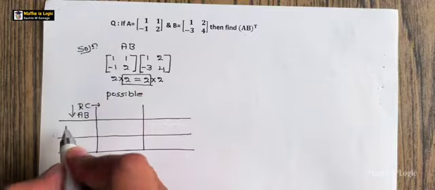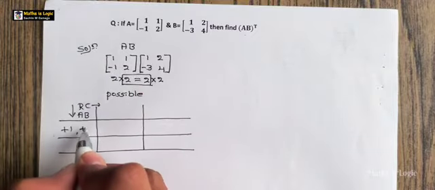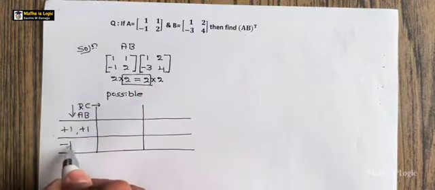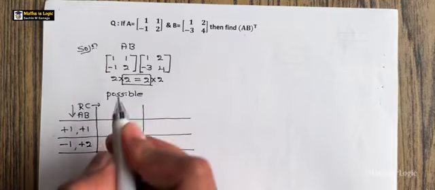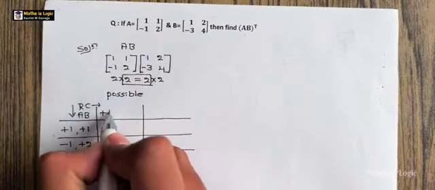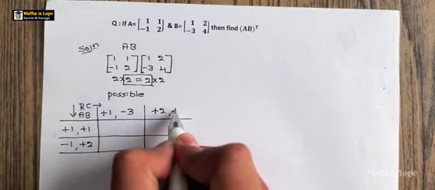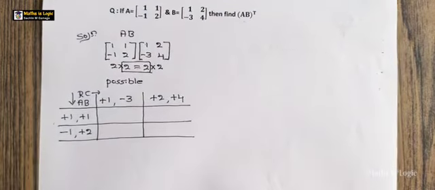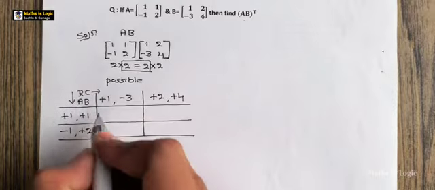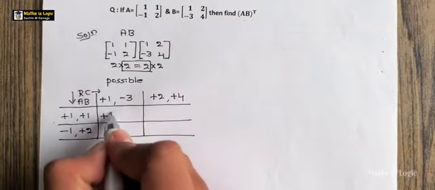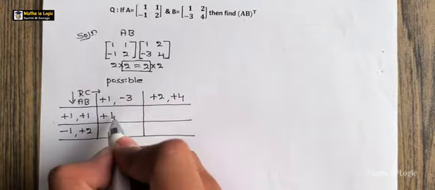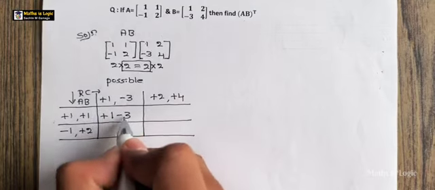So first row plus 1 plus 1. Second row minus 1 plus 2. First column plus 1 minus 3. Second column plus 2 plus 4. So now multiply. Plus into plus, plus 1 into 1, 1. Plus into minus, minus 1 into 3, 3.